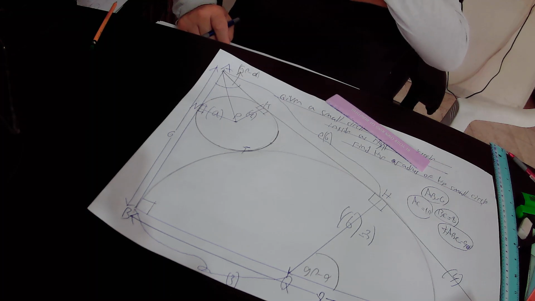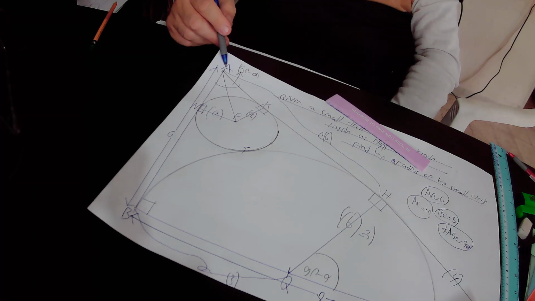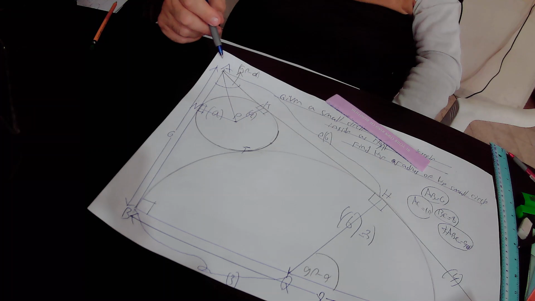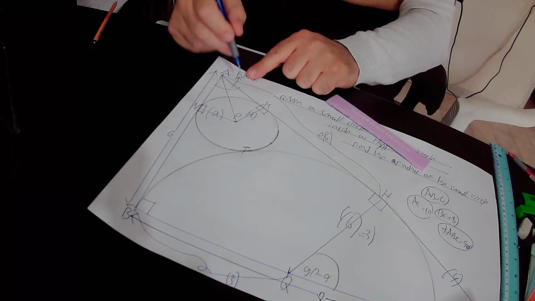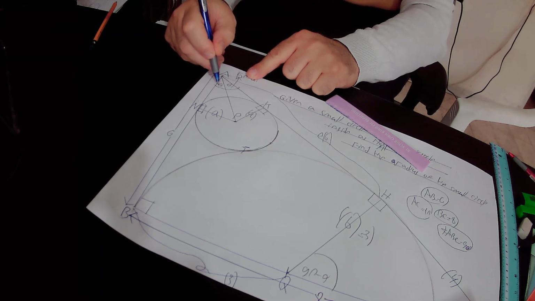If the half of angle A is theta, then the angle bisector AP bisects angle A into 2 halves. Each half equals theta, of course. This is the first half, and this is the second half.